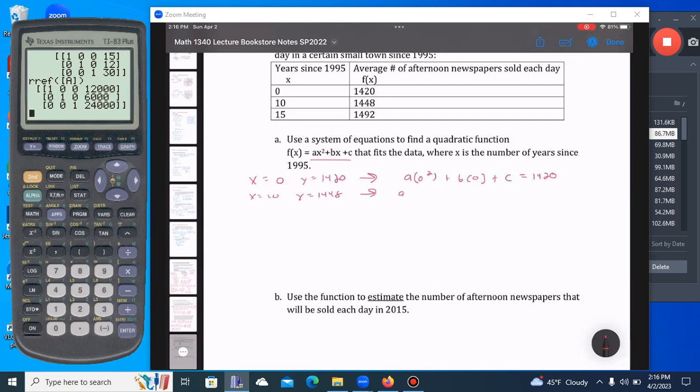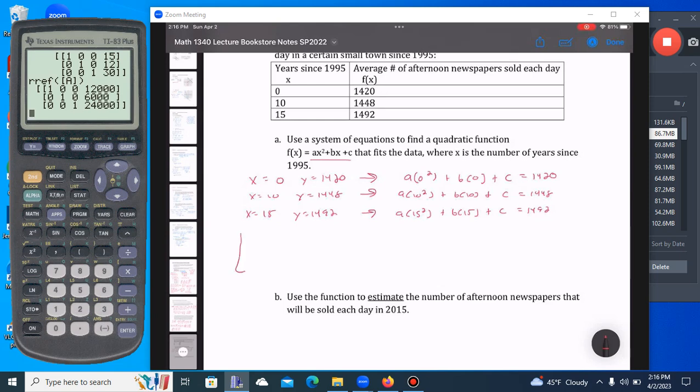This is going to be a times 10 squared plus b times 10 plus c equaling 1448. And then the last one, x equals 15, y equals 1492, a times 15 squared plus b times 15 plus c equals 1492.